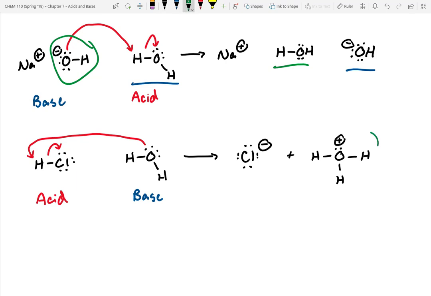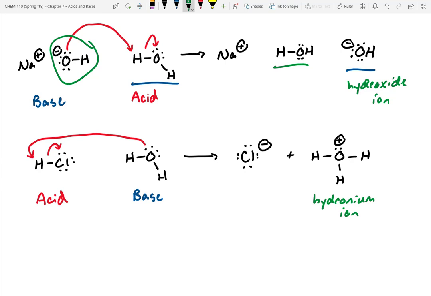This is a unique molecule, or ion, I should say. This is the hydronium ion. Where up here we've got the hydroxide anion. So if you remember before, we said in the Arrhenius theory that acids produce H+.